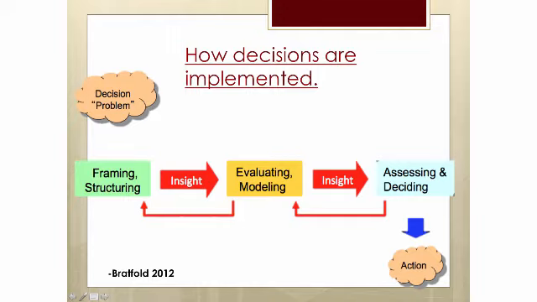This is where you analyze and see what methods you have available to you to deal with this problem. From there, you would move to the assessing and deciding stage, whereby you would pick a method and assess whether it is the correct method to use. Once that has been established, you implement it. That is the action stage, and that is what, in simple terms, the diagram is trying to convey.